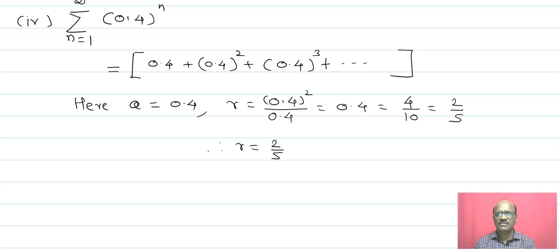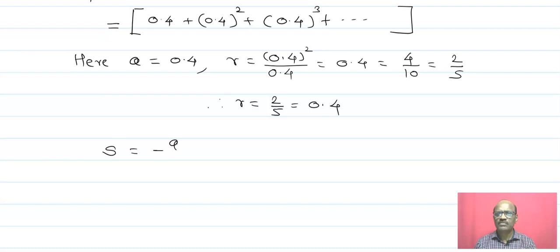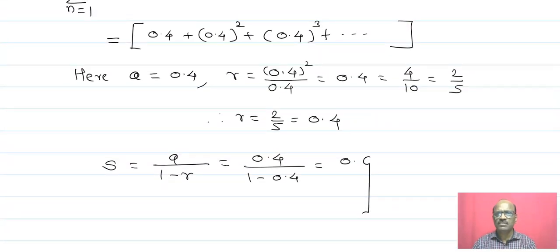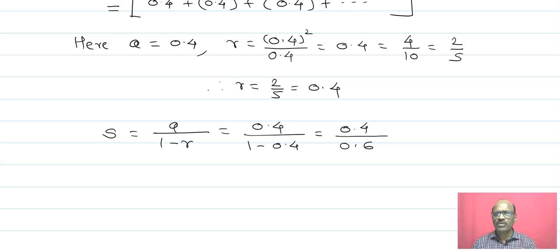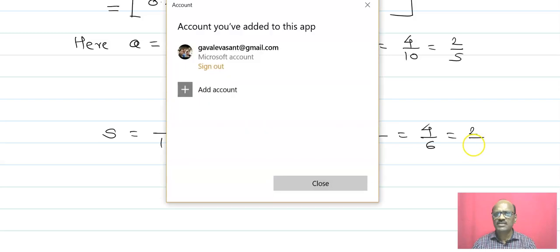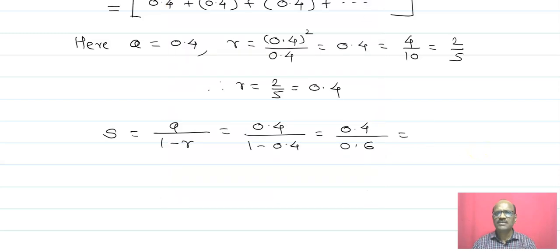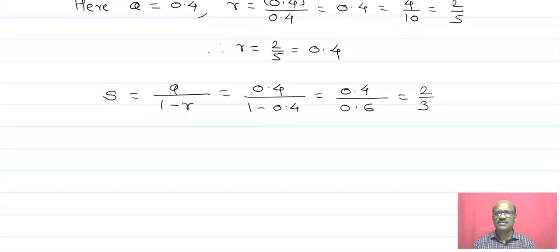Therefore, S equals a upon 1 minus r, 0.4 upon 1 minus 0.4, that is 0.6. That is nothing but 4 upon 6, which is 2 upon 3. Therefore, S equals 2 upon 3. This again, the answer is different from the textbook. That's all.